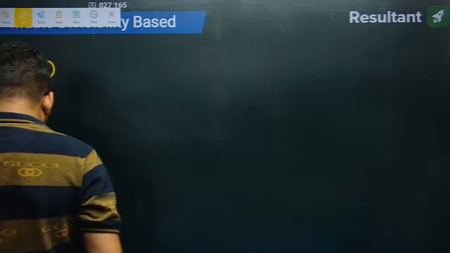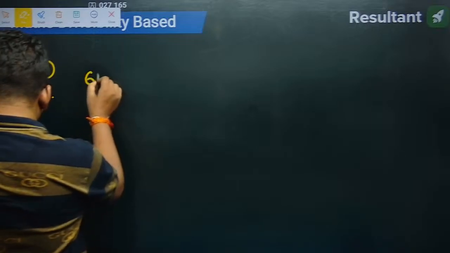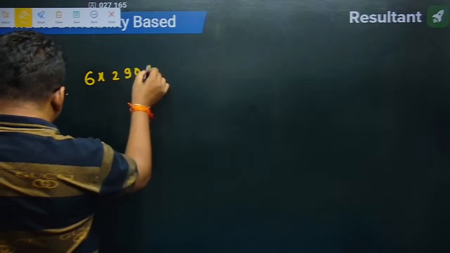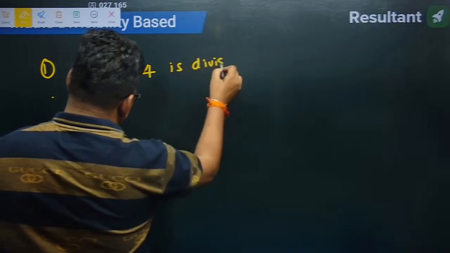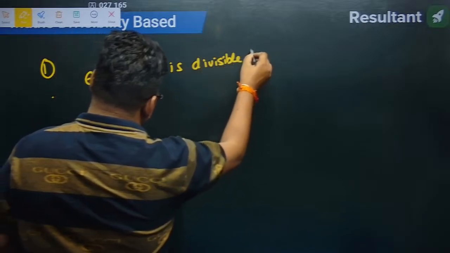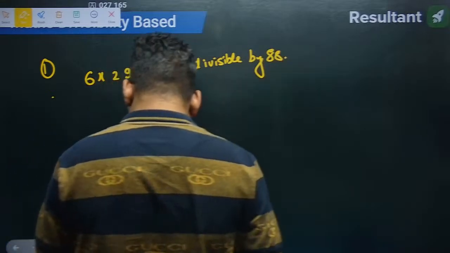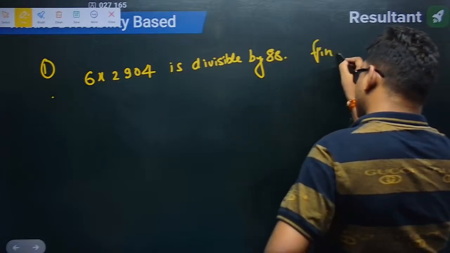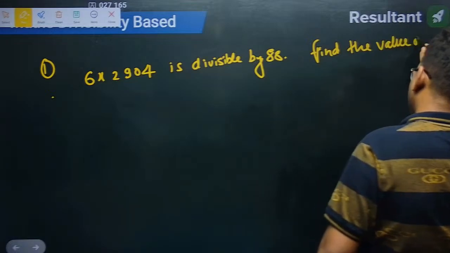So please write here the 6-digit number 6x2904 is divisible by 88. Find the value of x.